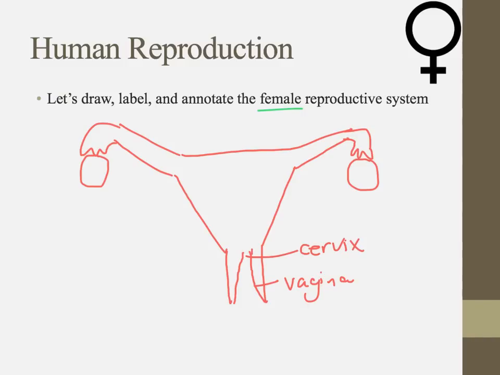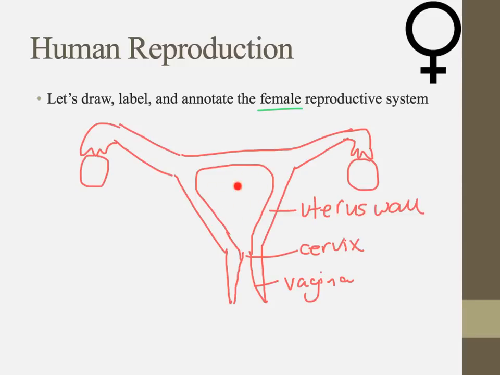Okay, and then this muscular layer is going to continue to form the wall of the uterus. There we go. Okay, so all of this is the muscular uterus wall. All right, now we would generally call the inside of this the uterus, okay, but I'm assuming you don't need to do that.